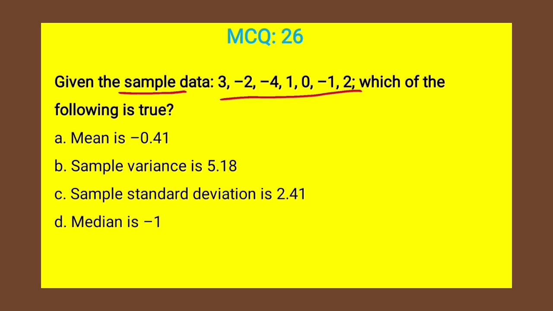You take the option, then you work it out using the sample data. You work out the sample variance with the same sample data, and you take the same sample data and work out the sample standard deviation, and you also do the same for the median in that case. So let me draw your attention on this thing.